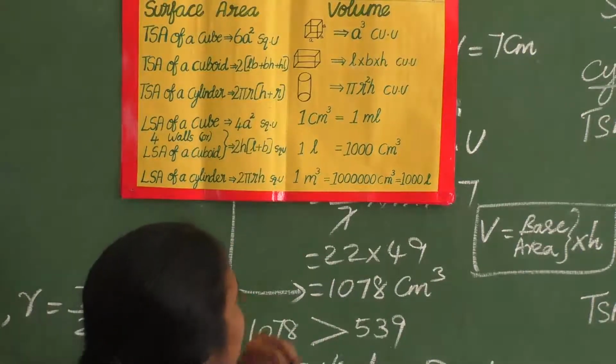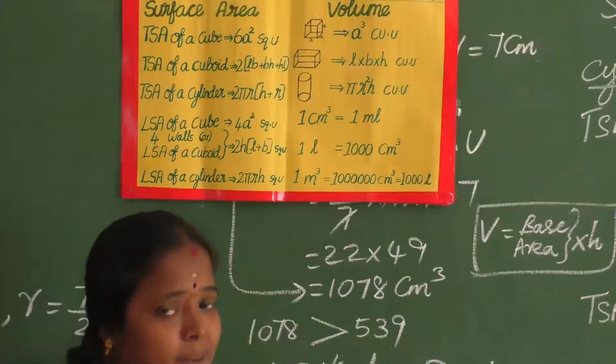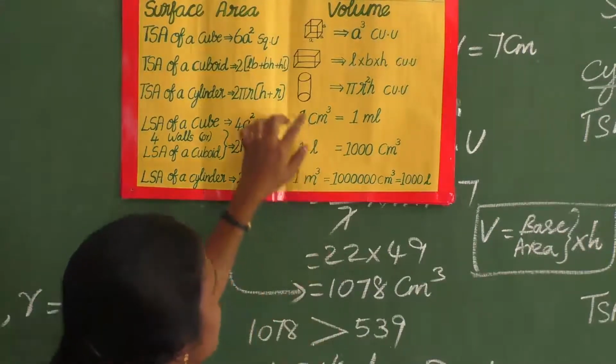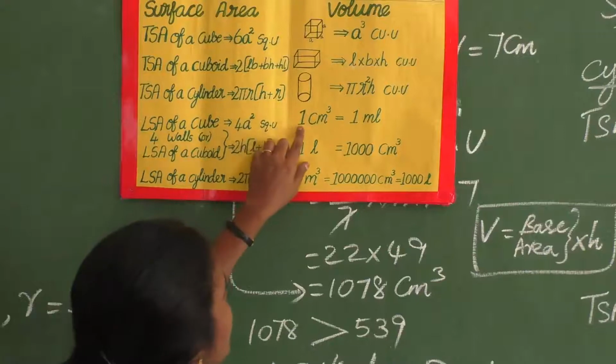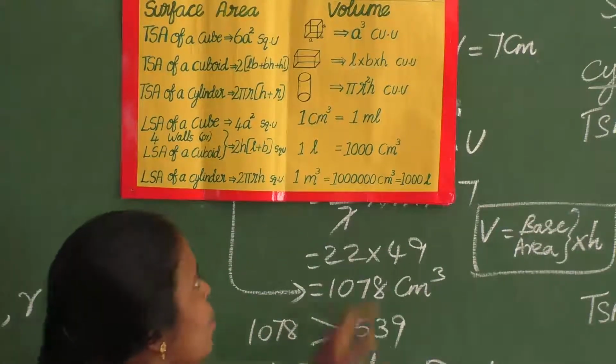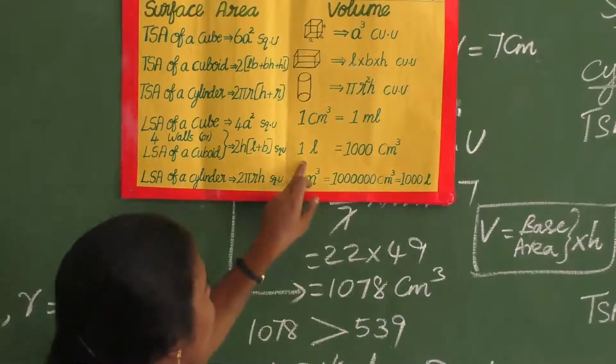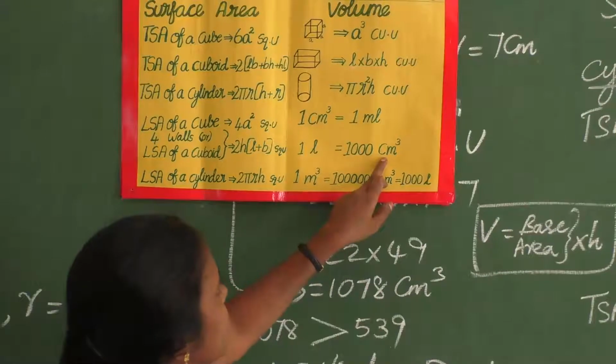Then, some link between cubic units and liters. Okay, that I also wrote here. Just watch. 1 cm³ equals 1 milliliter. 1 liter equals 1000 cm³.